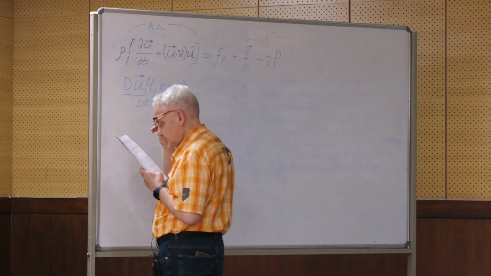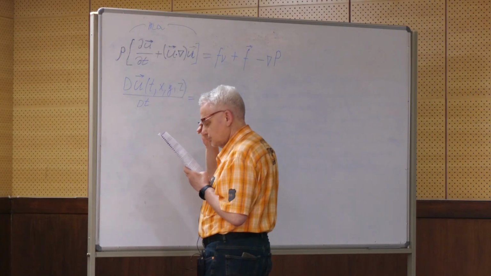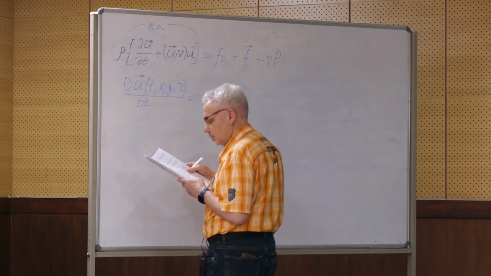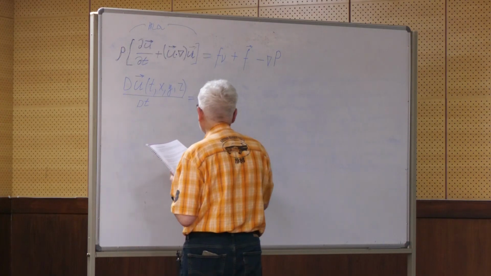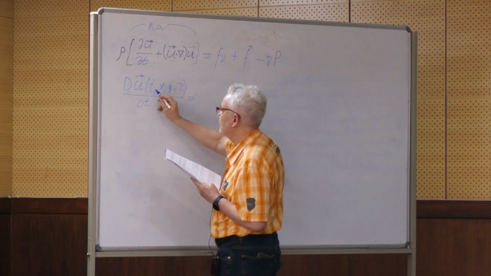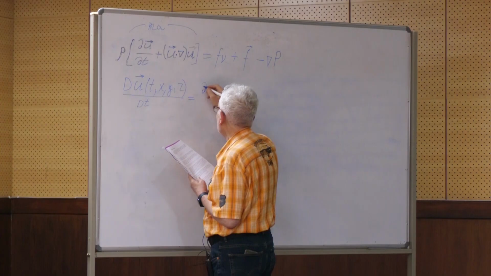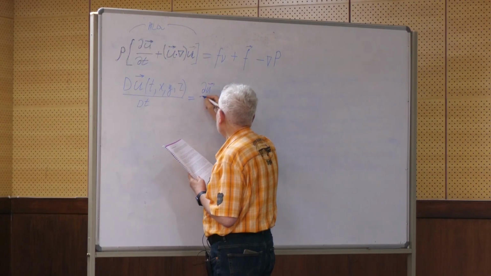And now we proceed as with a complex function. First we take the ordinary derivative, just of the first argument, so it will be du by dt.